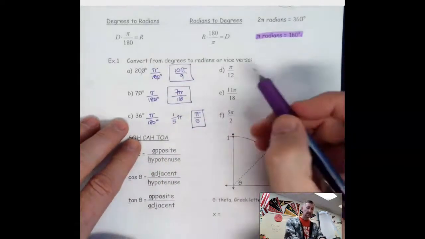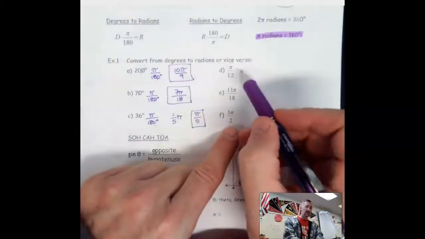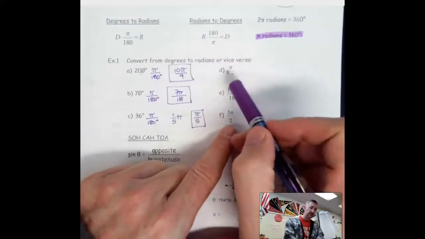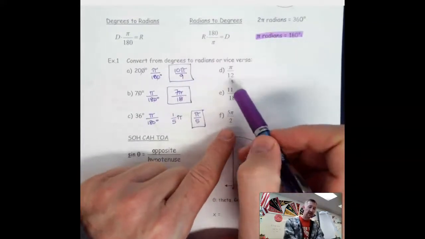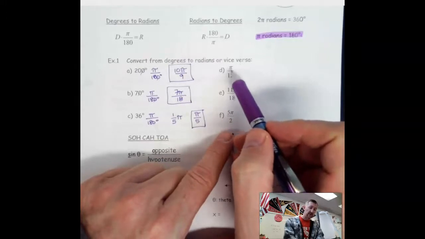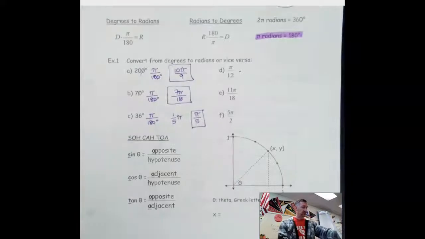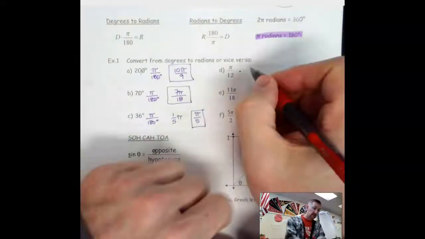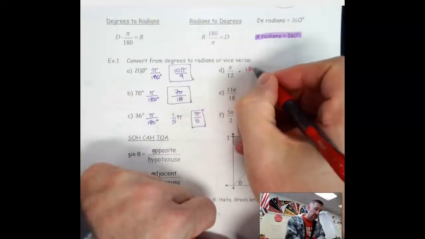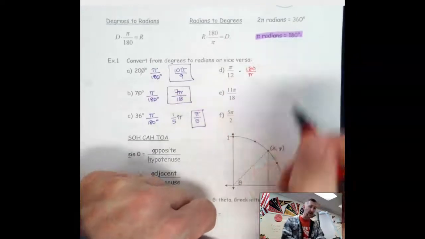Now here, we can multiply by 180 over pi, but remember we said that pi is 180. So really you could think about it as just 180 over 12. But I'm going to go ahead and show the conversion on here. This one's going to be 180 over pi.